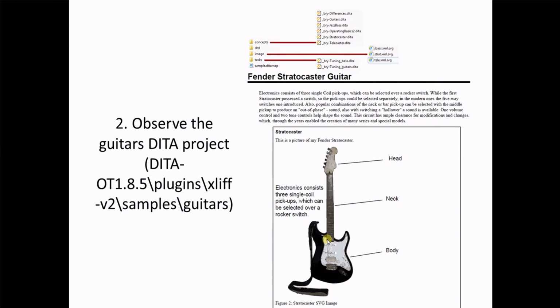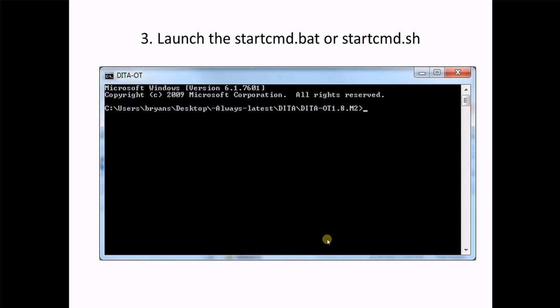And then along with the software comes a sample project that I included. Surprise, surprise, it's about my guitars. So you could go observe it there and you would see that it consists of a map, some SVG files for the graphics, and then several topics. So you launch the DITA Open Toolkit command line. This is a DITA specific Open Toolkit command line.